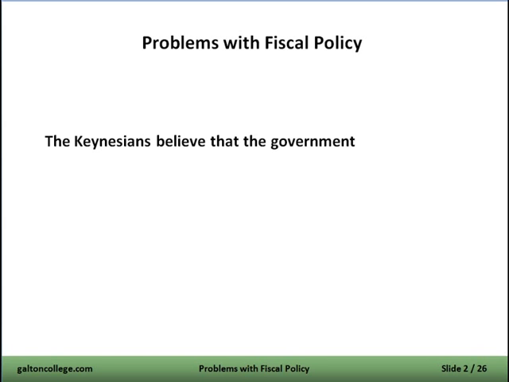So, first of all, the Keynesians believed that government should intervene to correct problems with the economy. Now, Keynesians are named after John Maynard Keynes, who wrote his very influential book, The General Theory of Employment, Interest and Money, better known as the General Theory, in 1936.